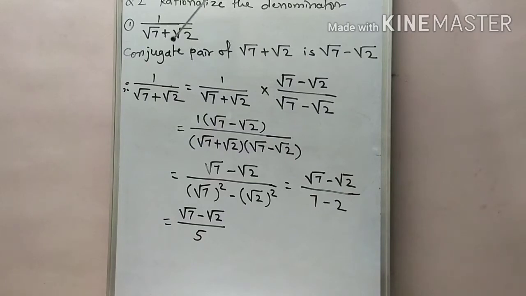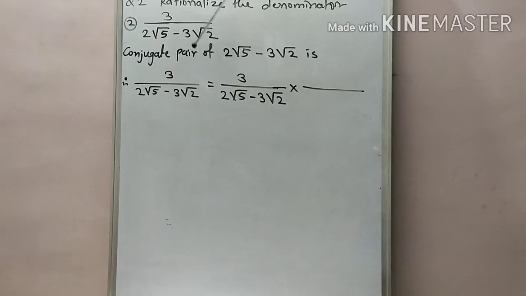If the given denominator has an irrational number with a plus sign, the conjugate pair has a minus sign. And if it is a minus sign, then we give a plus sign between the two terms. So this is the method to rationalize the denominator for the 2-mark example asked in the exam.